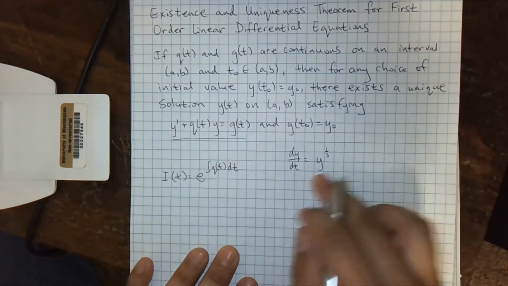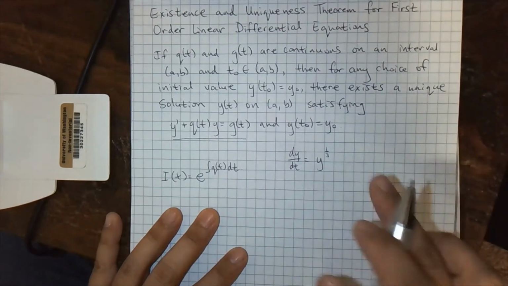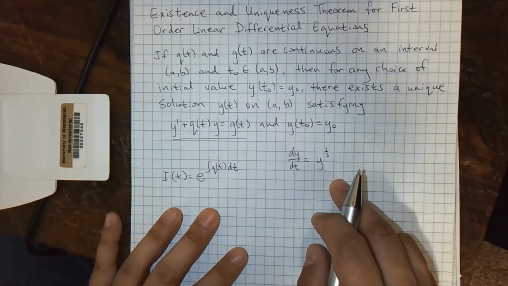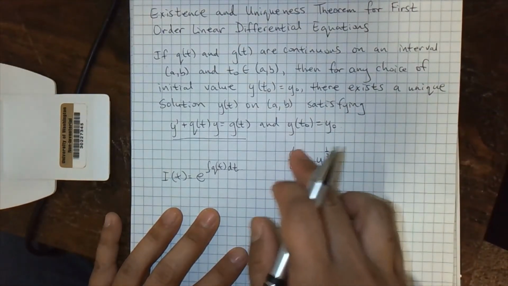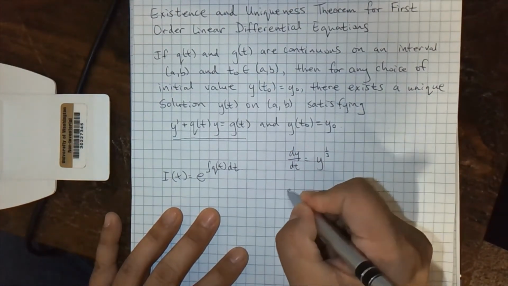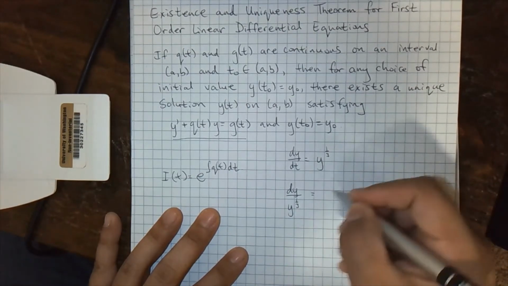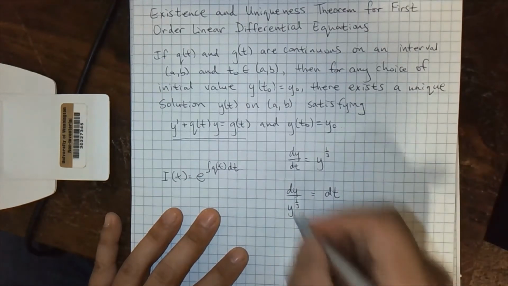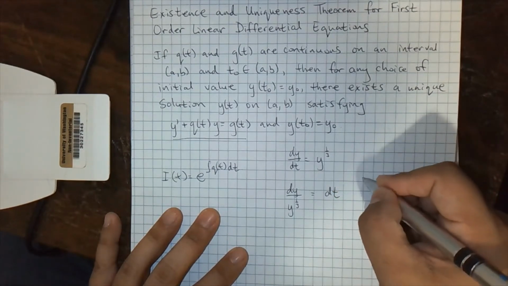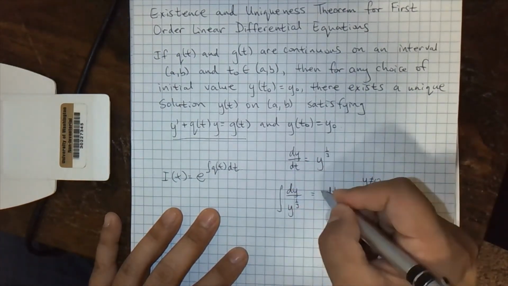But this is just an example to show something that's not unique. What's nice is that it is separable, so we know how to solve it. We keep the dy on top, multiply both sides by dt, and divide both sides by y to the 1/3. So dy over y to the 1/3 is dt. By the way, I'm assuming y is not 0 because I divided both sides by y to the 1/3.